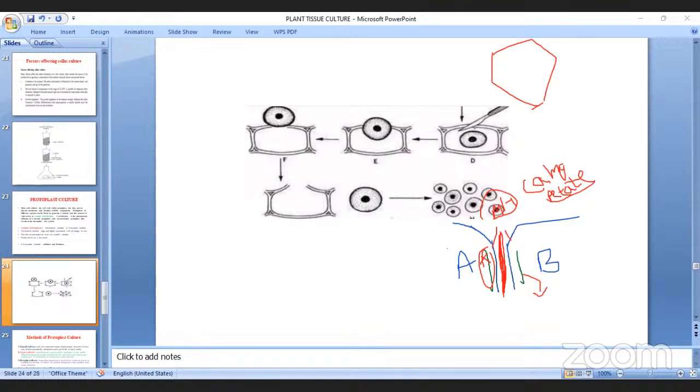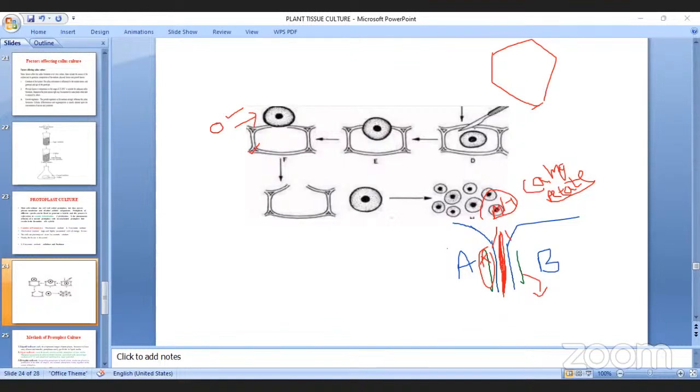Are you able to see this diagram? This is the cell wall, right? What about this round one? This is the nucleus. This layer, what is this? Simple. This layer is the plasma membrane.